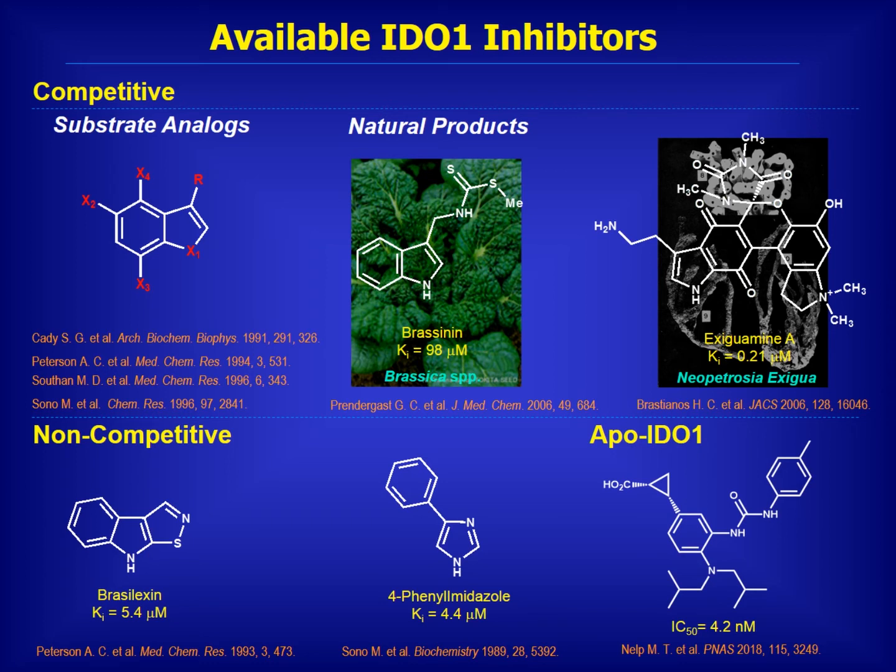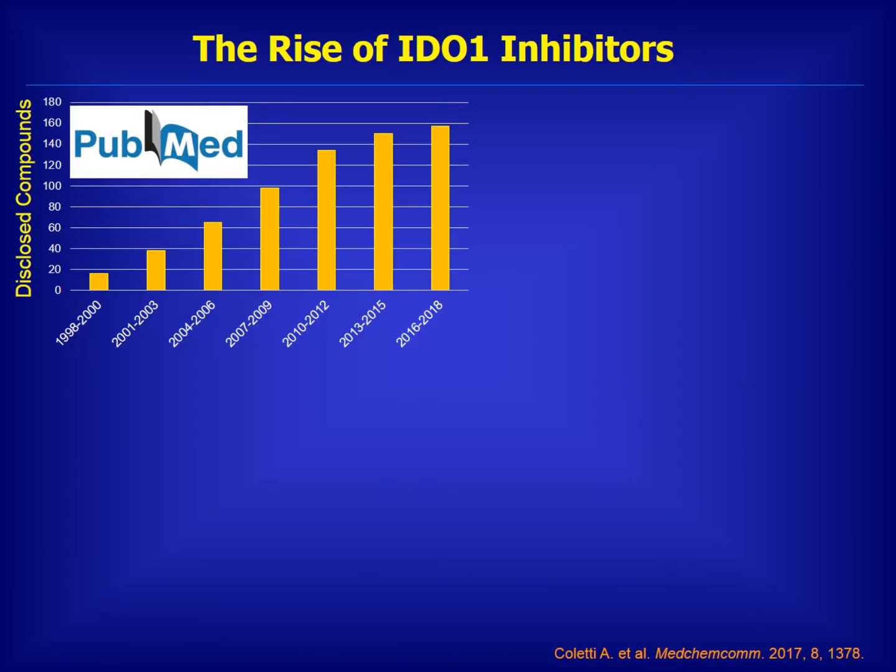That means an enzyme without the cofactor. If we see in this slide, from the beginning of this century till today, a large amount of inhibitors have been disclosed in literature and in patent applications.